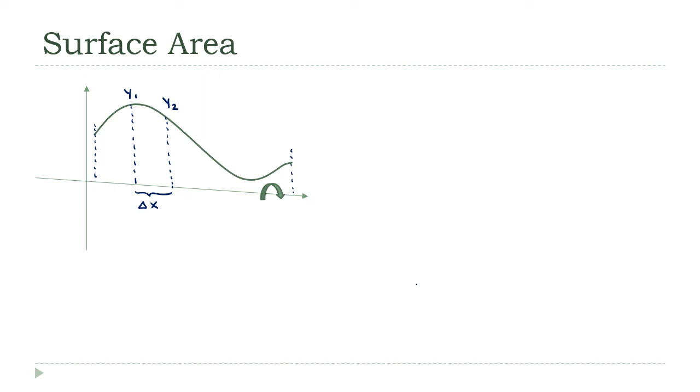Right, so according to my formula, the surface area of frustum i is equal to 2 pi times (y1 plus y2) divided by 2 times the length of this arc. I'm going to borrow geometry notation here. So the length of the arc from y1 to y2. Okay. So what do I know?